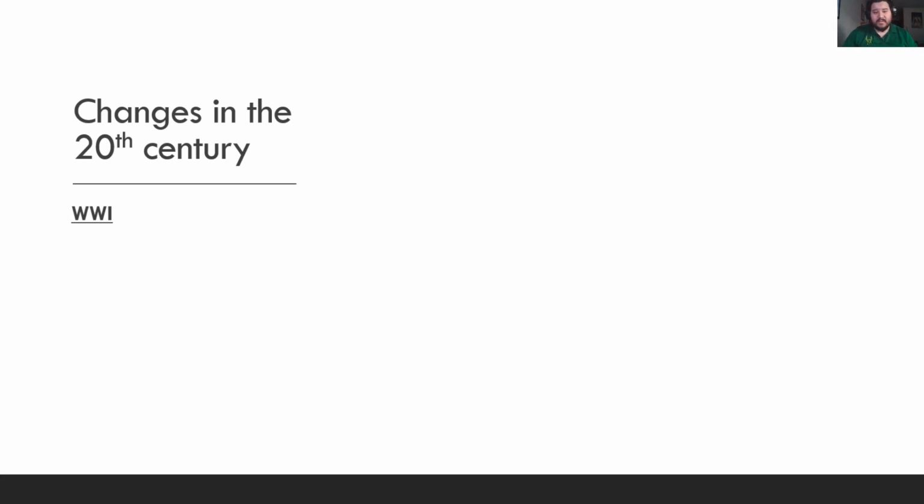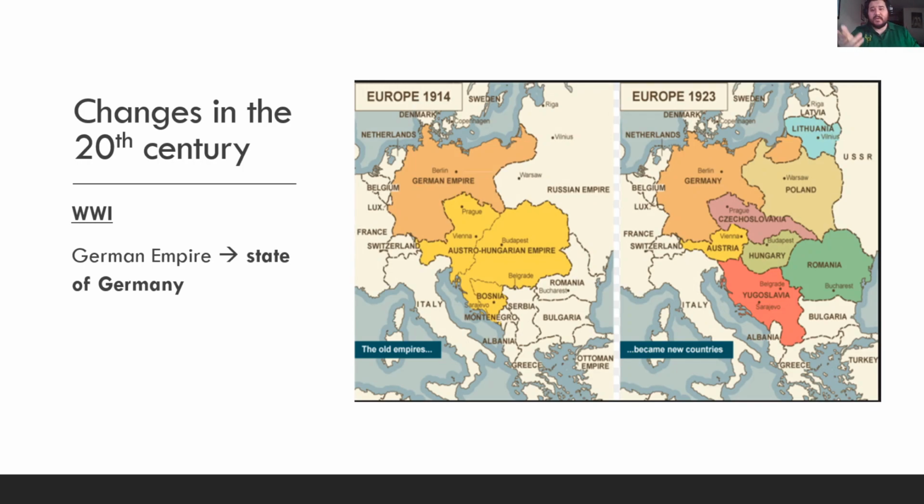World War I is one of these areas for change, where you see the German Empire transform into the state of Germany. Right after this First World War, where prior we had the German Empire and the Austro-Hungarian Empire, who were at war, and after the war ends, we see a division of these large areas into specific countries and states, right? That's a big change that happens.